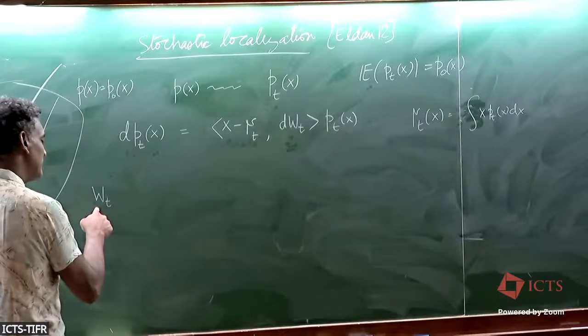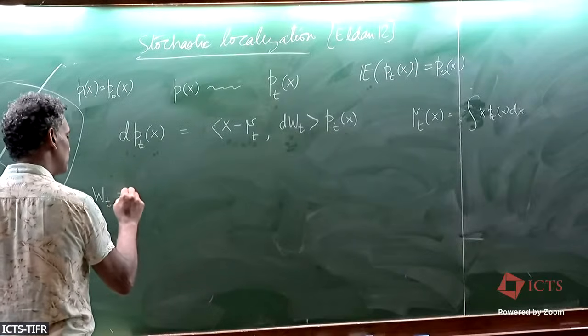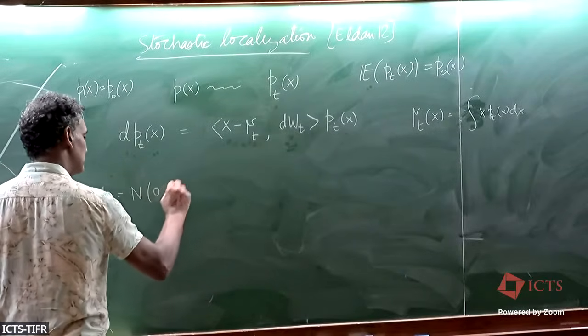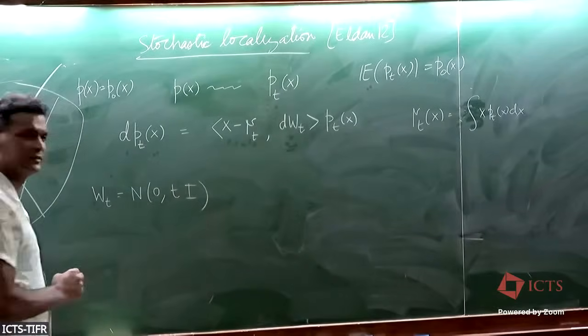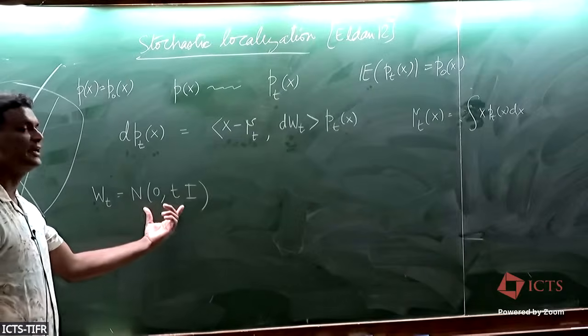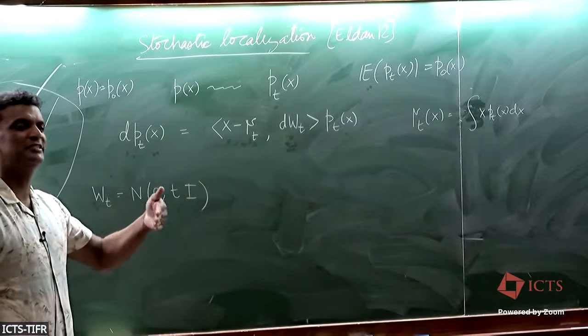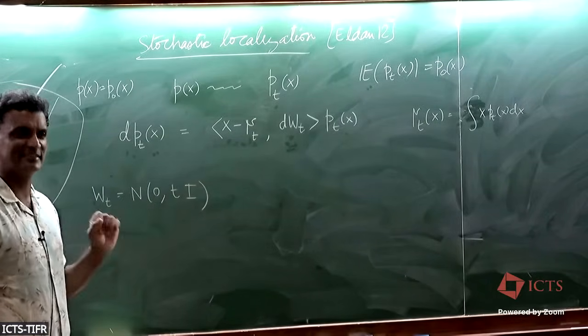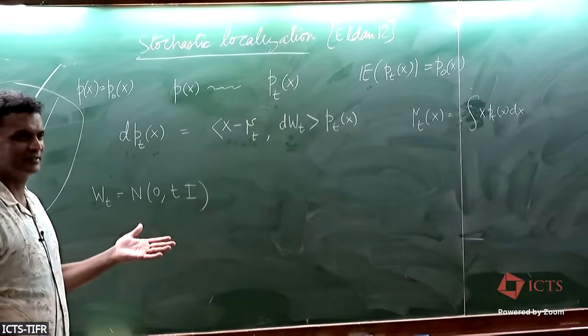But at any time t, this Wt is actually just a Gaussian with variance t. And that's the funny thing, the fact that you can take a Gaussian and decompose it into a sequence of these infinitesimal increments. That was unclear.